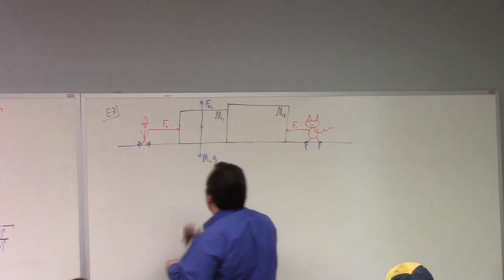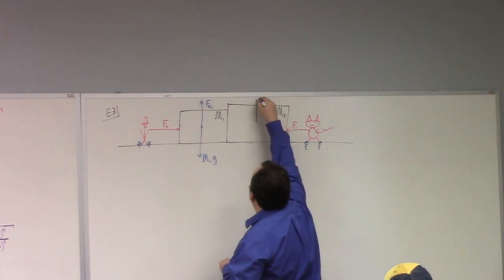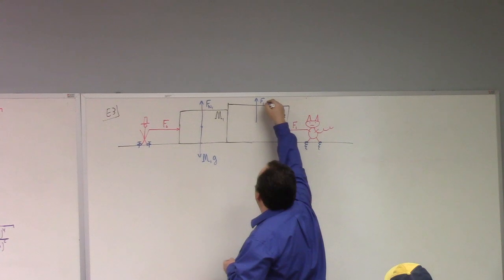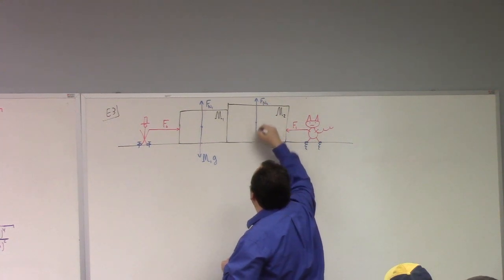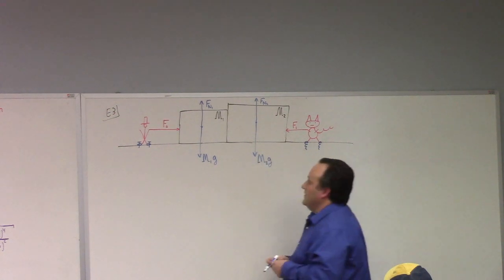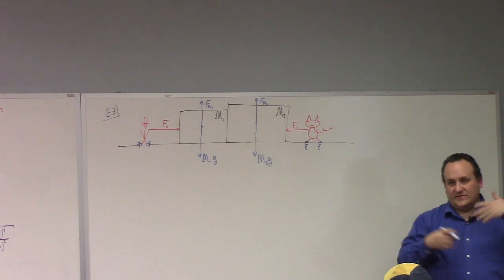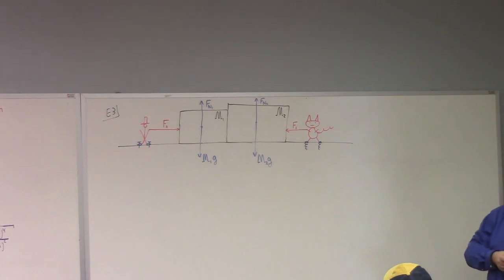This one, you've got the normal force going on the second one, and you've got m2g down. That's kind of it for the vertical. We don't really care much about that. They just equal out.